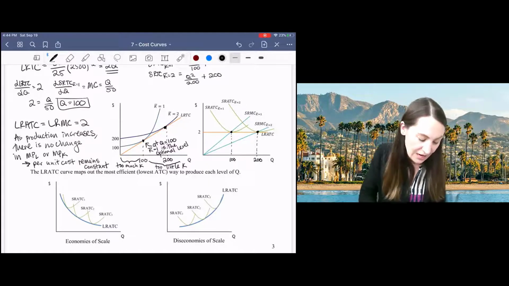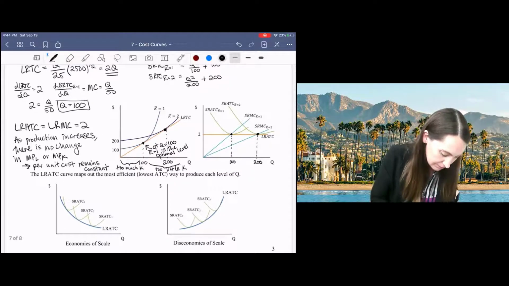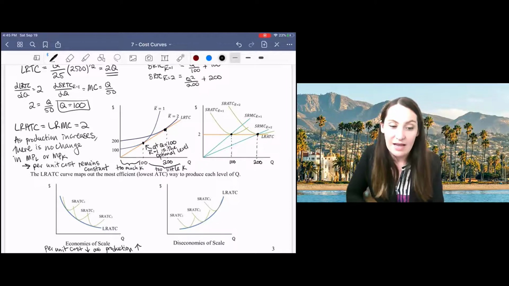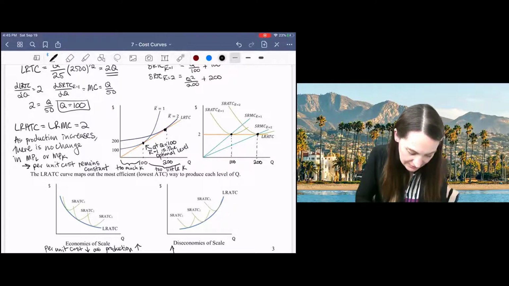So when long run average total cost is decreasing, we say that we have economies of scale, or per unit cost is decreasing as production increases. And diseconomies of scale would be the opposite, where you have an increase in per unit cost of production.